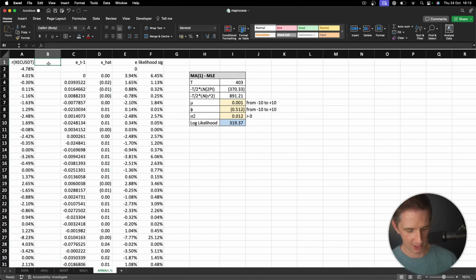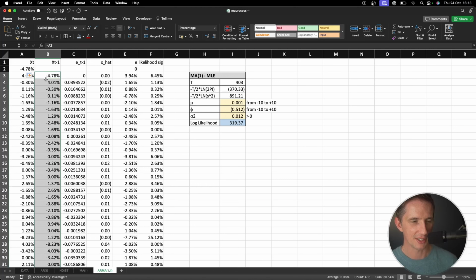And I need this to be X sub t minus 1. Because this here, let's face it, is X sub t. And this here is X sub t minus 1. In other words, it's these numbers over there. Okay, so here's my AR part in all of this. And I can't use OLS here because I'm mixing this in with data that's going to violate the terms of using OLS that we described earlier.